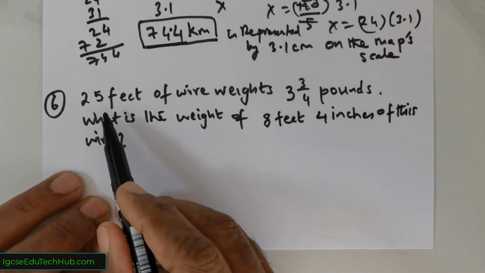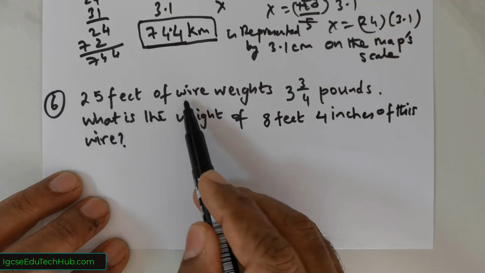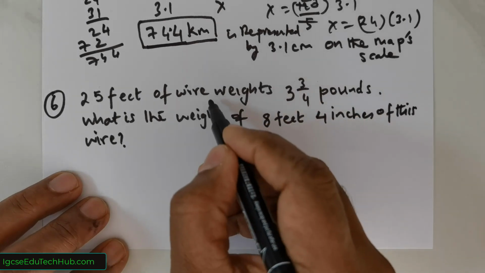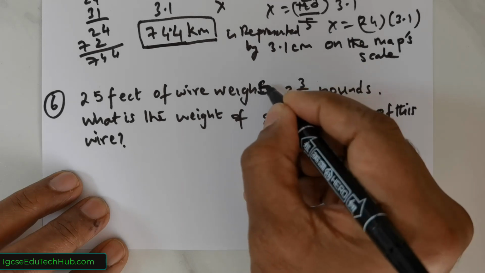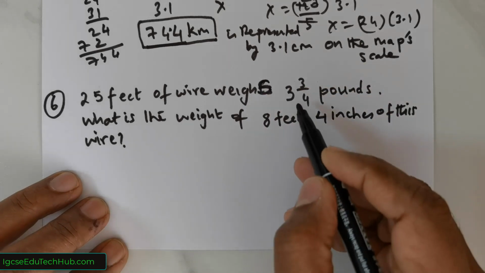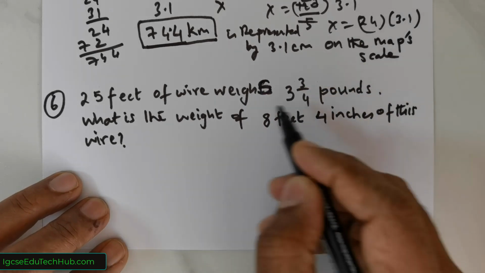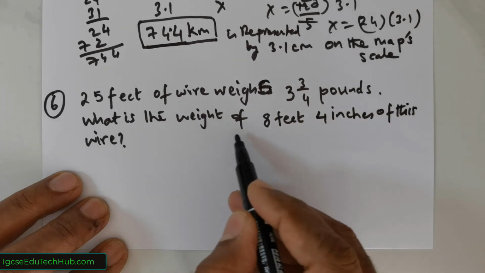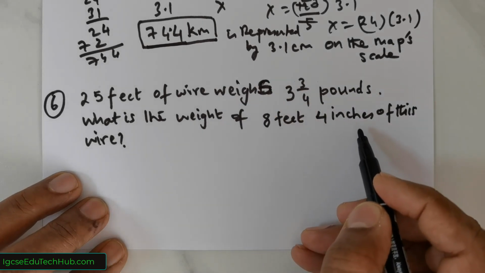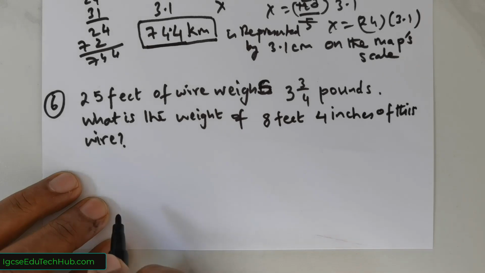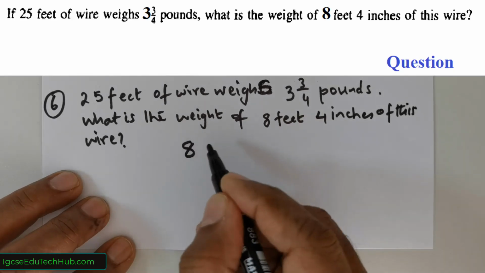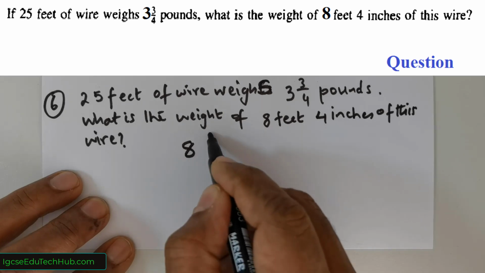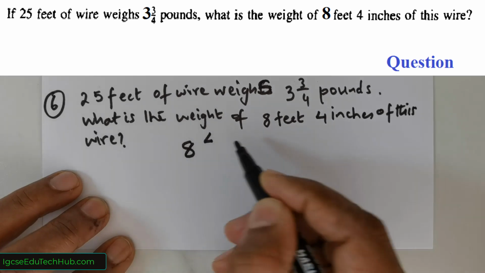Okay, we got an interesting question. 25 feet of a certain wire weighs 3 and 3 over 4 pounds. What is the weight of 8 feet 4 inches of this same wire? So we are required to find how much 8 feet 4 inches weighs.